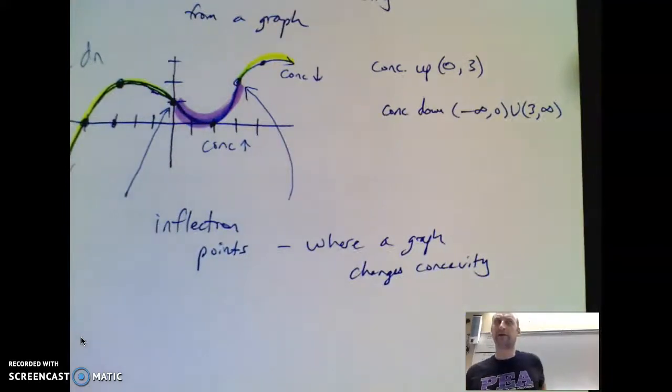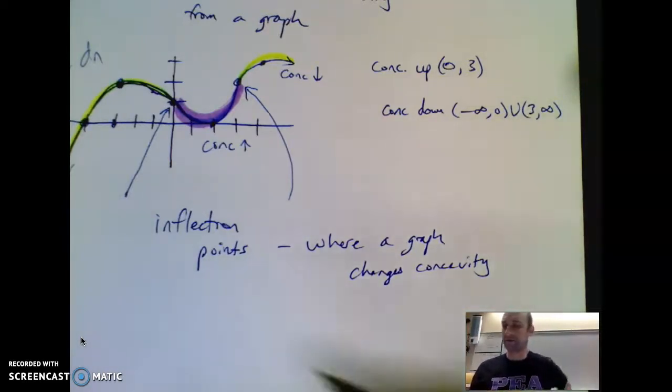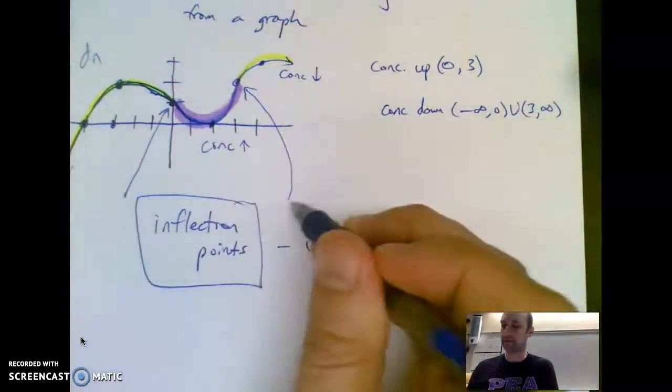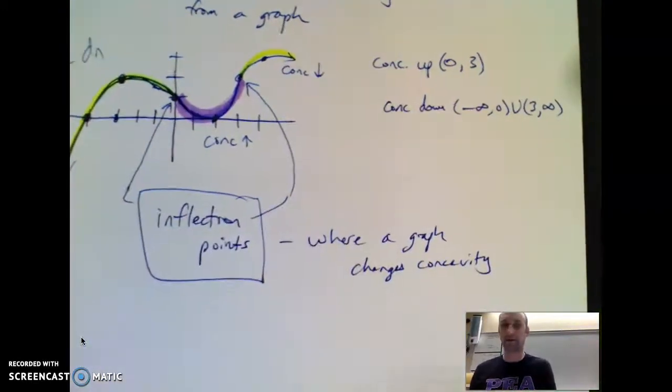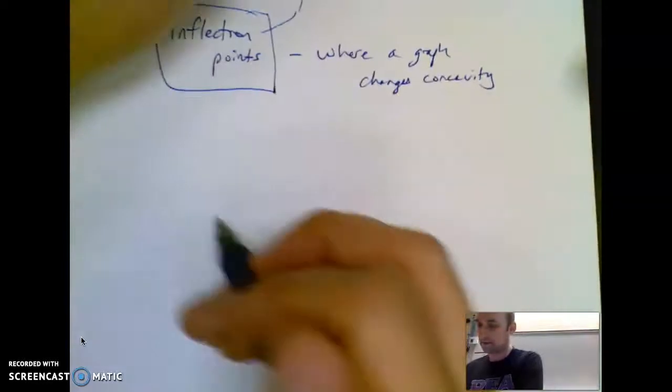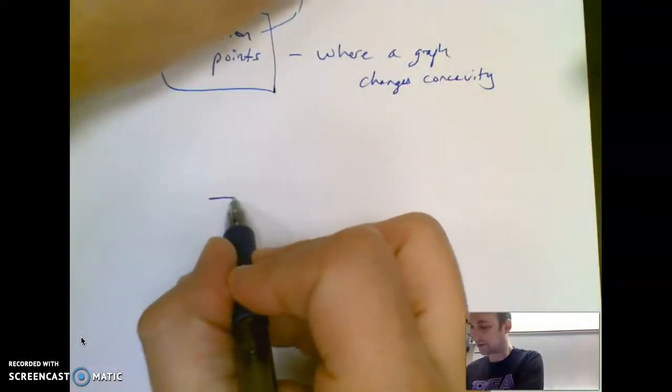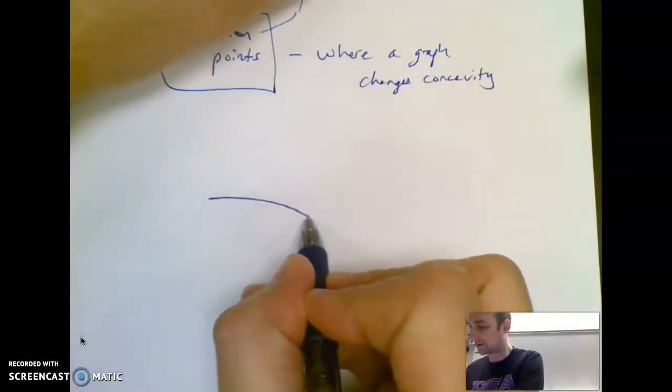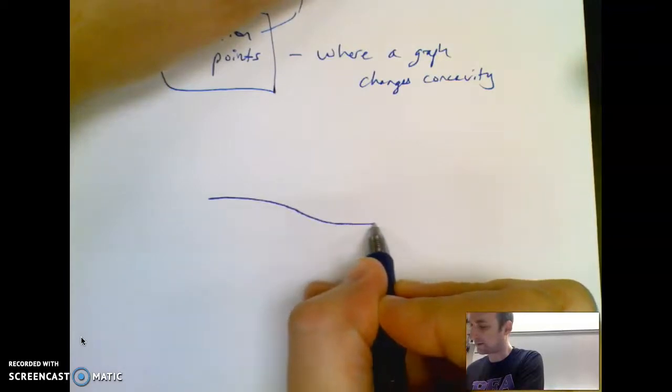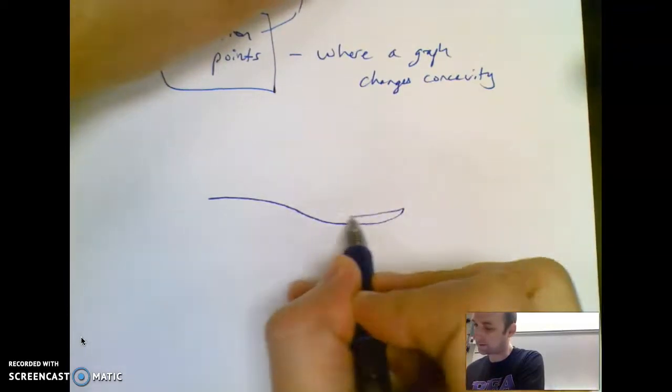What were they called when it changes from increasing to decreasing, or decreasing to increasing? They were called extrema, your max and mins. Well, these ones have special names too. They're called inflection points. Next time you look at your spoon, right? Most spoons have an inflection point because they go down like this, and they come back up. Just trust me, it's a spoon.